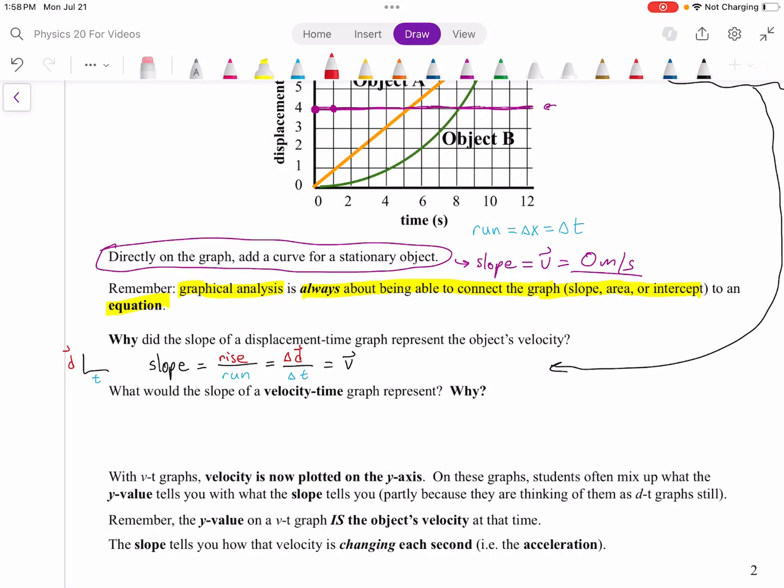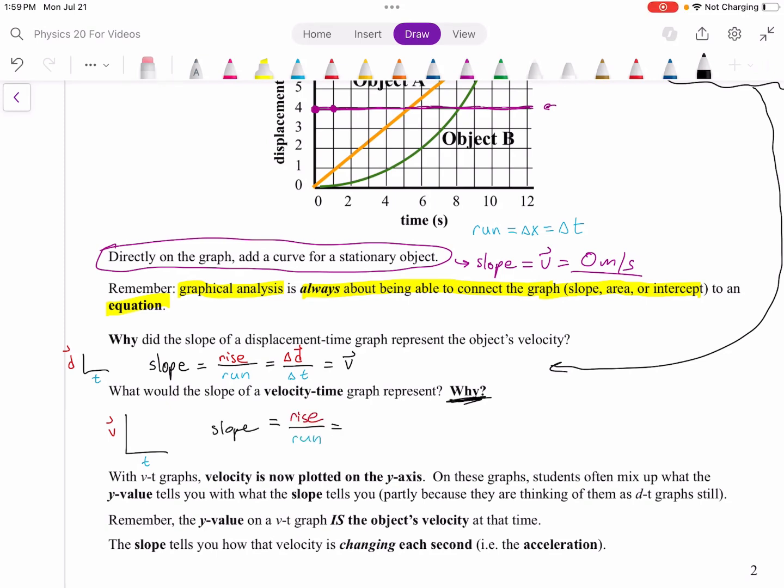All right, so now it's asking us to take this idea and apply it to a velocity time graph, right? It's asking us, what would the slope of a velocity time graph represent? And here's the key thing, right? Why? Is it something to guess or memorize? No, right? We can figure out why. So what would the slope be for this graph? Let's write it out.